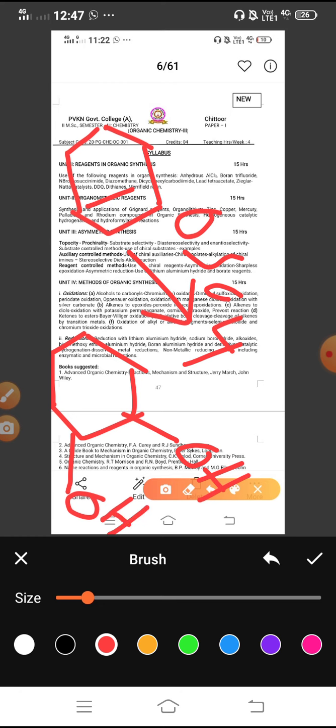But here osmium tetroxide oxidation is mainly used for the preparation of syn diols. Syn diols means same side, both OH groups are present on the same side. That is called syn diols. This is one of the types of oxidation.